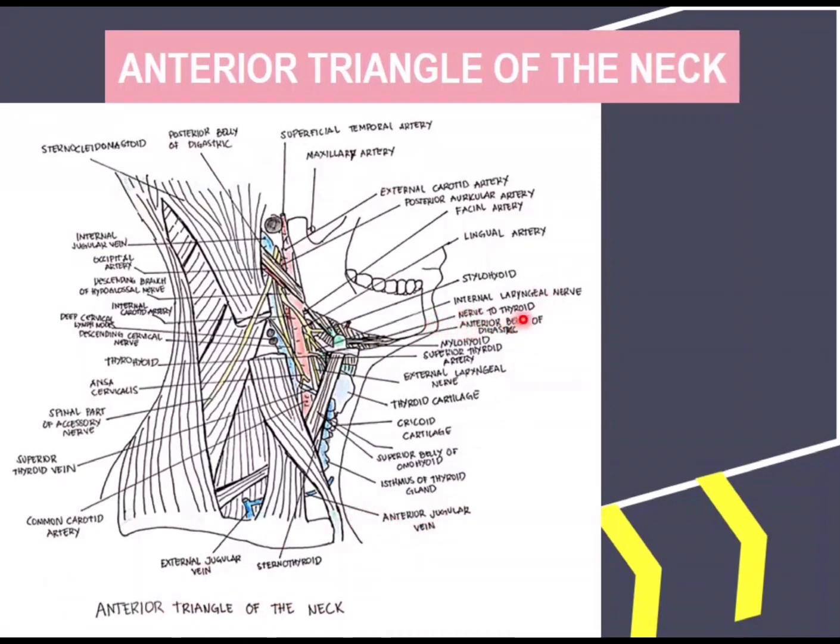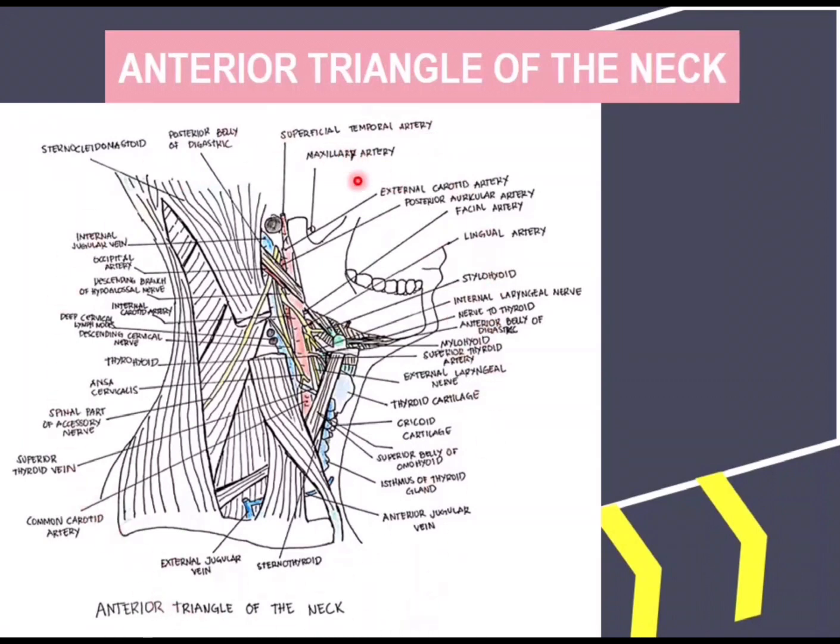The carotid arteries, internal jugular vein, and deep cervical lymph nodes are covered by the anterior border, where it also overlaps the thyroid gland. Here is a photo of the anterior triangle of the neck for better visualization.